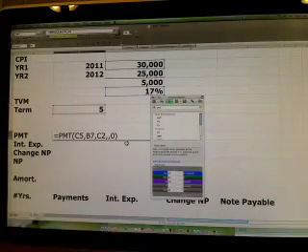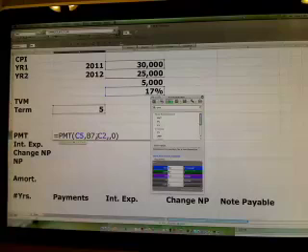And then the next thing that I want you to do, I want you to go into the formula, and in front of your PV, your present value, which for me is cell C2, right here, column C, row 2, I want you to put a minus sign in front of the alpha.